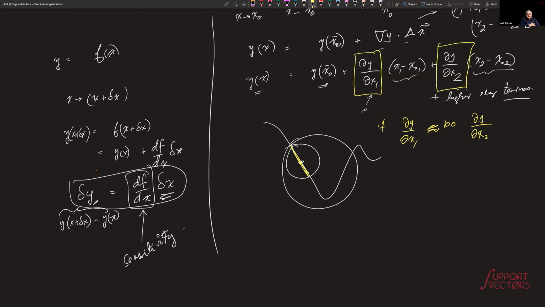In other words, how sensitive is the loss to changes in the weight? Similar argument, but it is weight versus loss in gradient descent. Here we are saying output versus input itself. We are just changing the setting here.